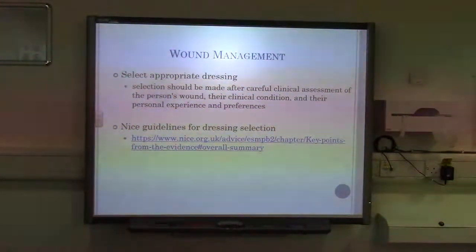At a topical level, it is important to put something antimicrobial. However, this might not prevent the wound from going into an infected state, but it could be useful. I've added the NICE guidelines for dressing selection, which you may want to look at, and the key points for the evidence and what evidence is out there to suggest the best wound dressing.